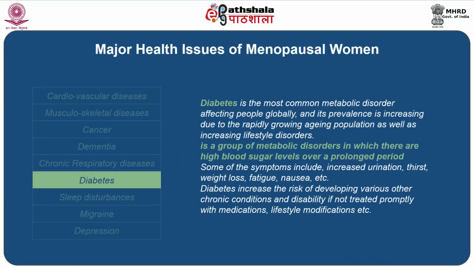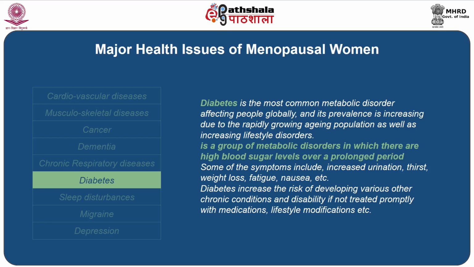As we discussed about fluctuation in sugar levels among the menopausal women, diabetes is an important health concern. It is the most common metabolic disorder affecting people globally, and its prevalence is increasing due to the rapidly growing aging population as well as increasing lifestyle disorders.